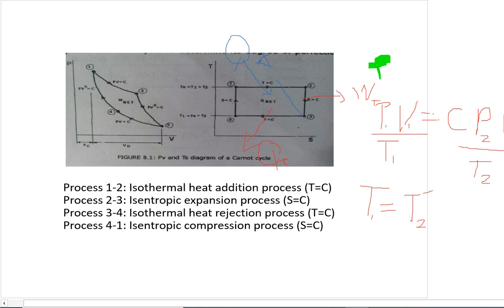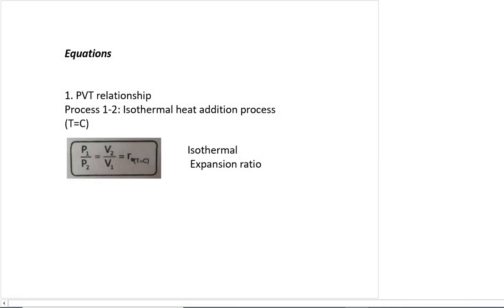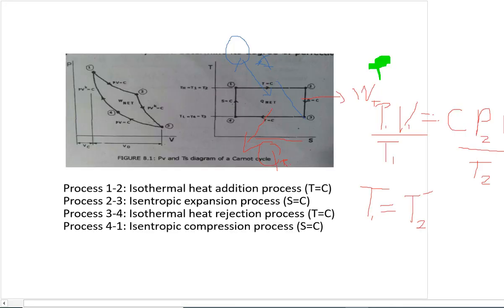Dito, i-reject niya yung heat, dito naman i-compress siya. Pag na-compress na po, babalik na naman sa normal state. Okay? Ganito po yung Carnot cycle natin.